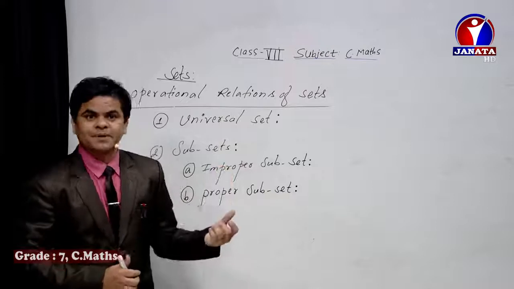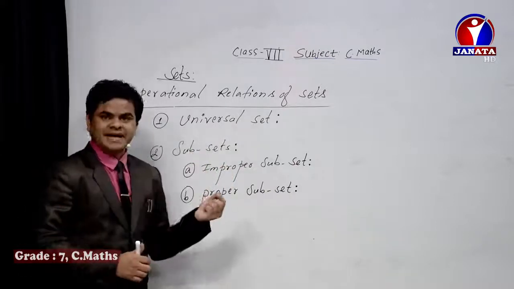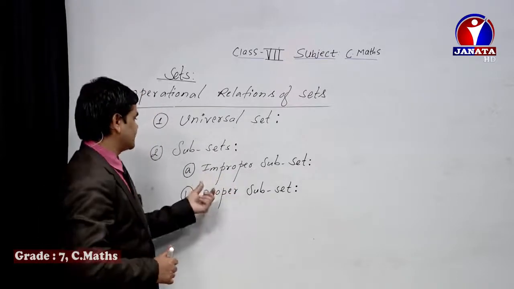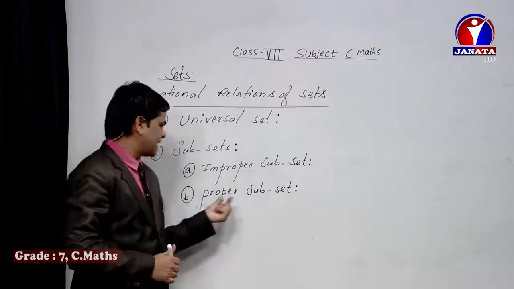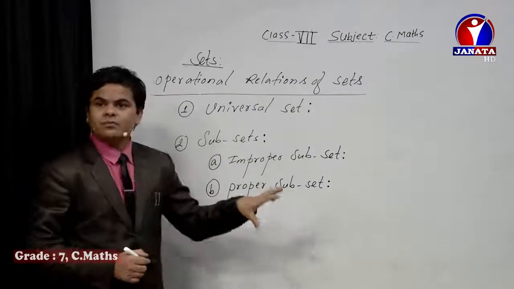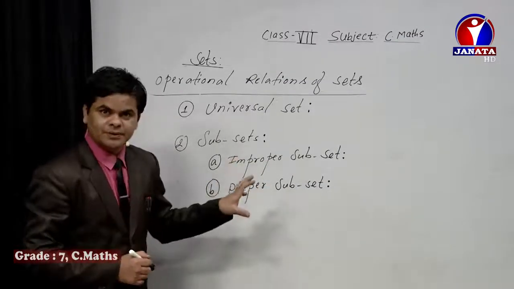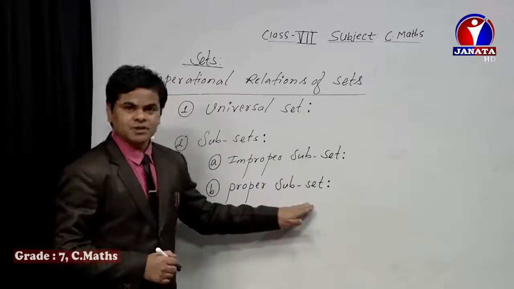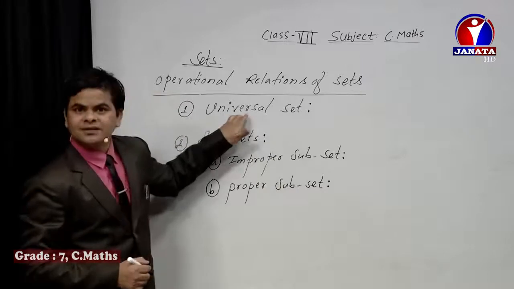So I have written another topic as subset. Subset also has two types: one is improper subset, another is proper subset. By the help of one example, I am going to show you what you mean by improper subset and what you mean by proper subset under the universal set.